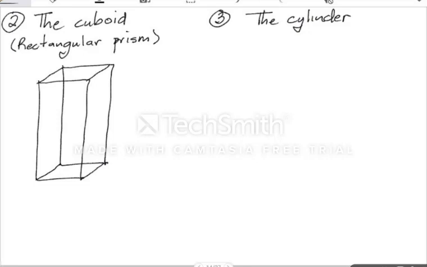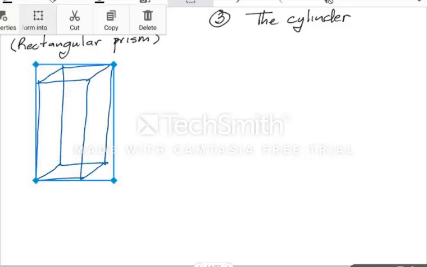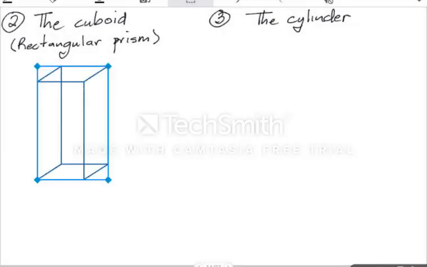So this is an example of a cuboid. It's a solid shape with a uniform rectangular cross section. Let me make it neater. So this is my example of my cuboid, and the cuboid has a uniform rectangular cross section.